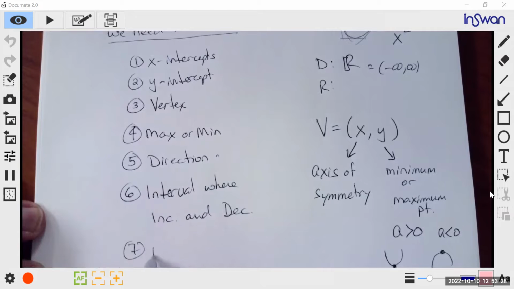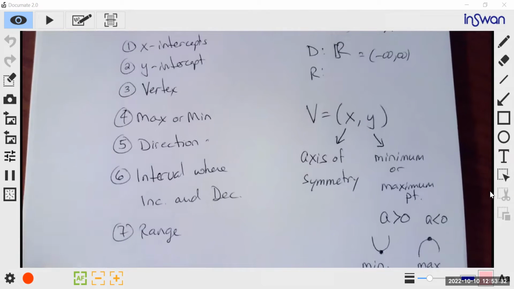And we can find the range of our data. And the funny thing is, it looks like a lot of work, but the only one that really requires a lot of work is the x-intercept. That's the only one that requires us to do work.